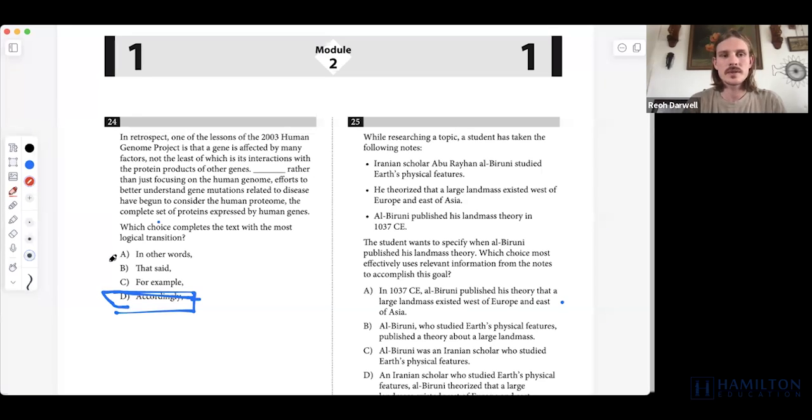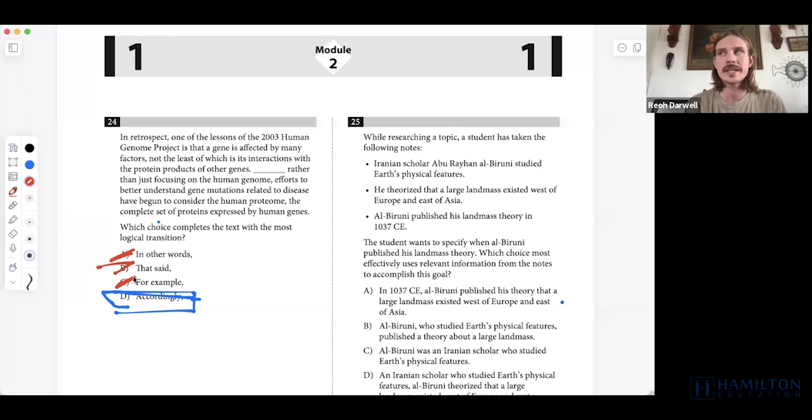In other words would be to redefine what came before, right? So if it said something like, in other words, a gene is not enough, if it simplified it, we would use that, but that's not what we have here. That said is a pivot. That being said is typically how it's written. It's a pivot like however. And finally, for example, exemplifies what came before. It's basically adding additional information that clarifies a claim that was made earlier.